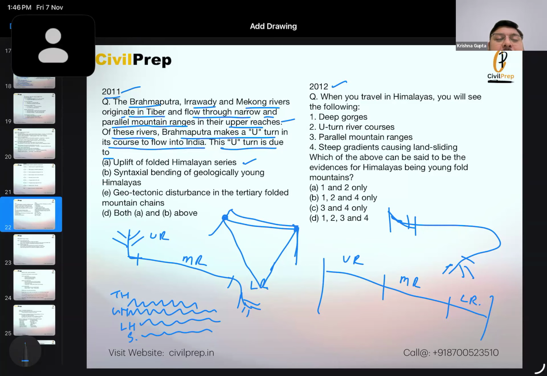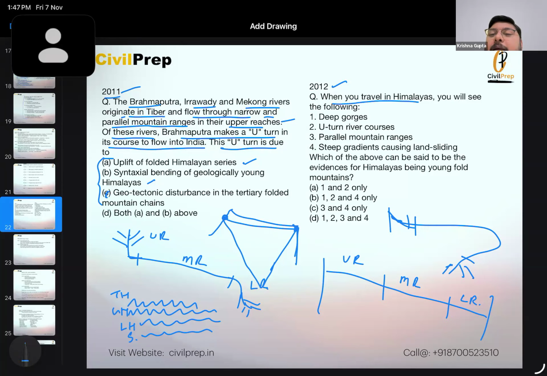Then syntaxal banding of the geologically young Himalayas, this is also true here. Geotectonic disturbances in the tertiary fold mountain chains: yes, this is a geotectonic disturbance, and this is a tertiary fold mountain chain also. Now, we'll be looking at the answer just after looking at the question of 2012.